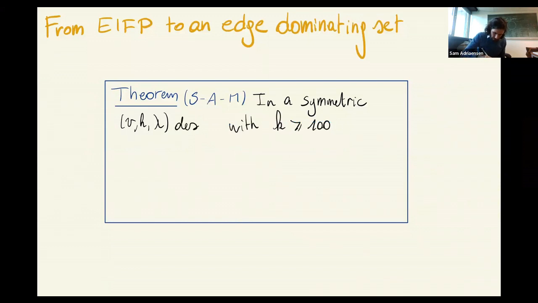And we're interested in the asymptotics anyway, so if you lose a handful of designs, it's not so bad. You can optimize this bound. Anyway, if you assume this, then every equinumerous incidence-free pair gives rise to an edge-dominating set.